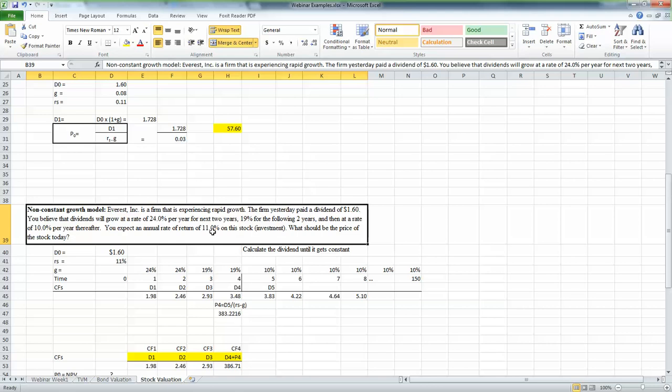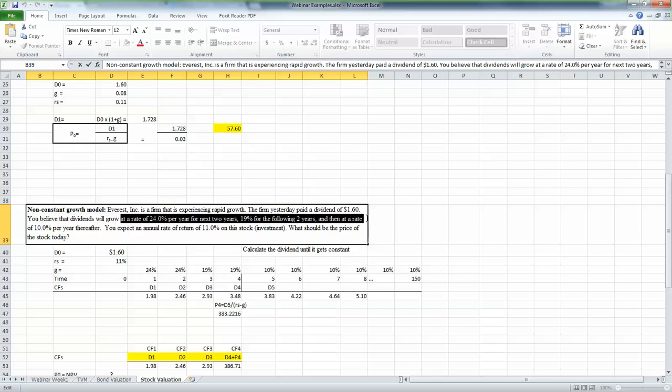So if you remove this information, what happens here?